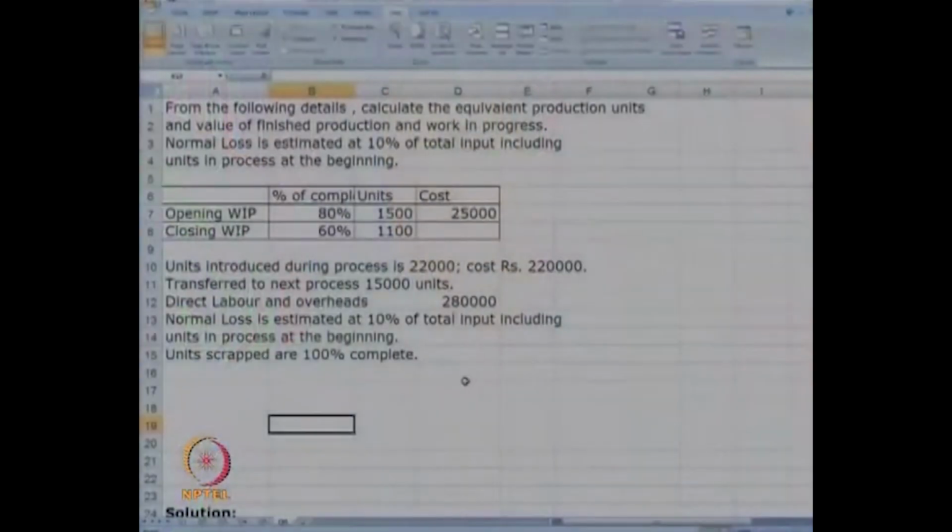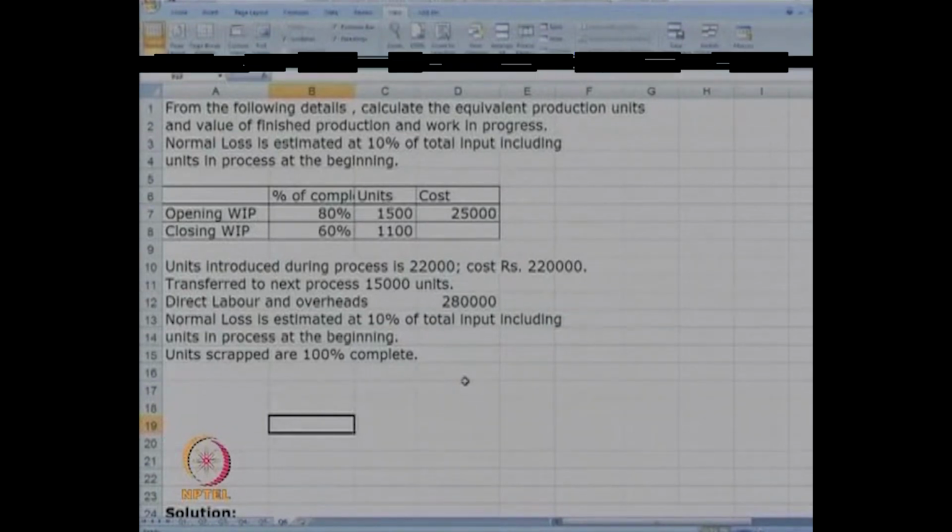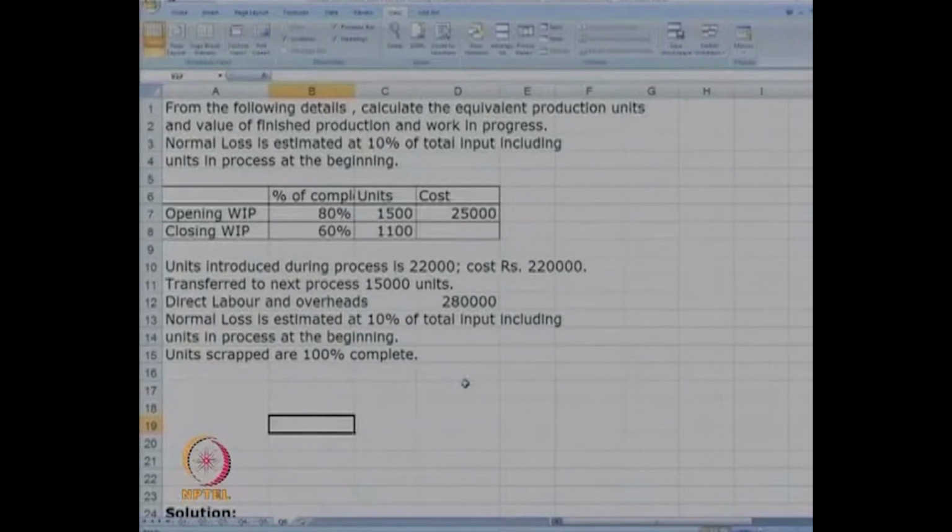We have already seen one sum, so we will do one more sum. I think then the concept will become even more clear to you. So let us see the sum. From the following details, calculate the equivalent production units and the value of finished production and WIP. The normal loss is estimated at 10% of the total input, including the units in process in the beginning.